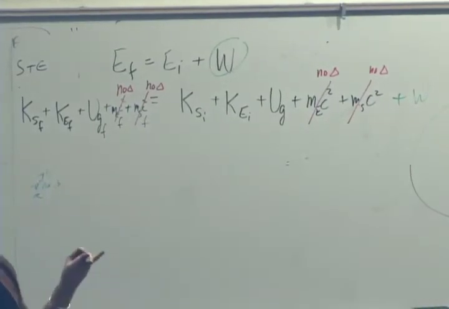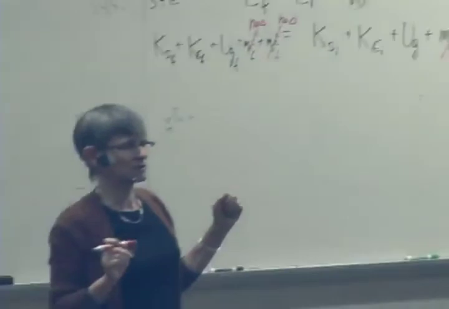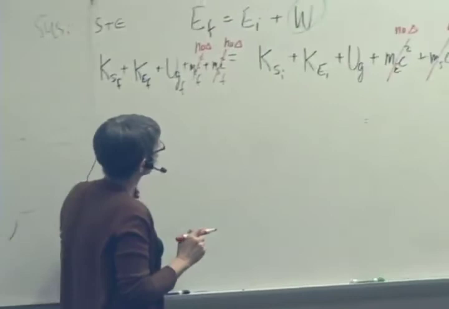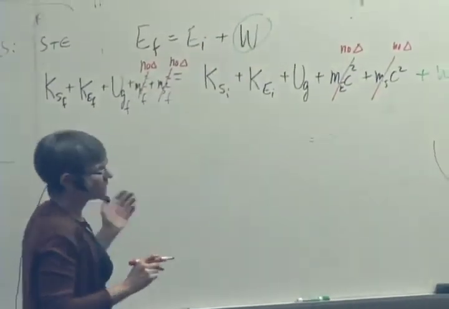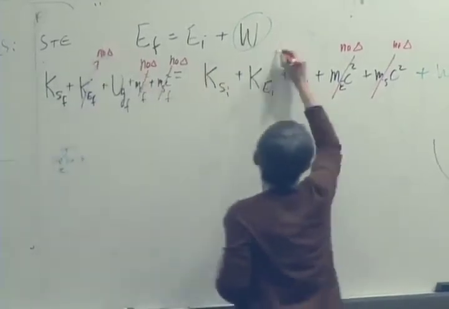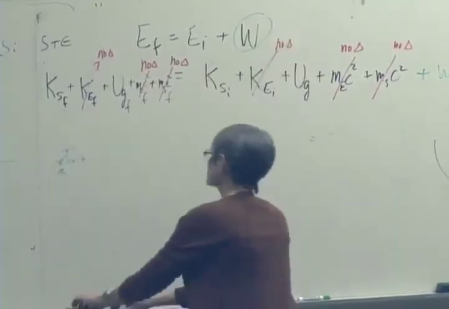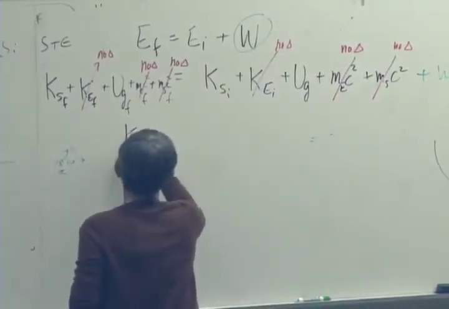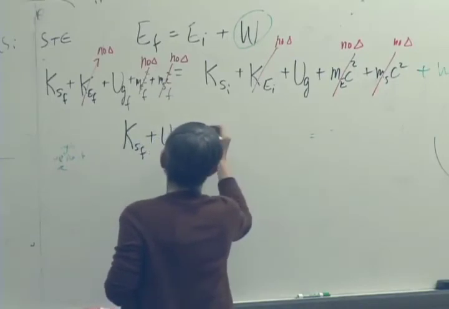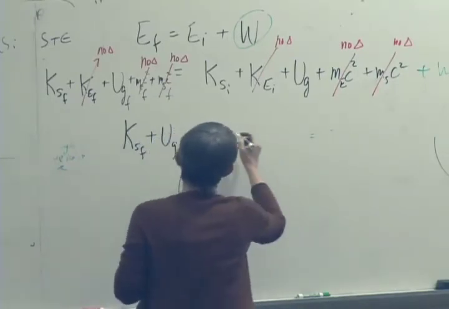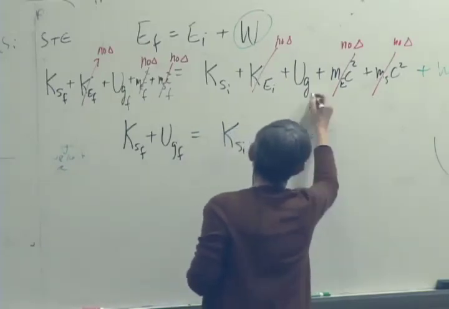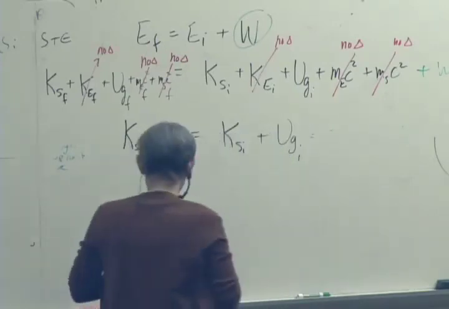The kinetic energy of the Earth probably doesn't change much either. So we're down to a much simpler equation: final kinetic energy of the satellite plus the final gravitational potential energy of the system is equal to the initial kinetic energy of the satellite plus the initial gravitational potential energy plus work.